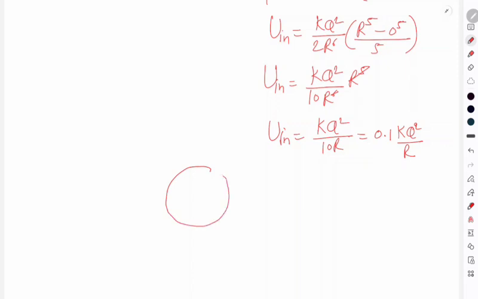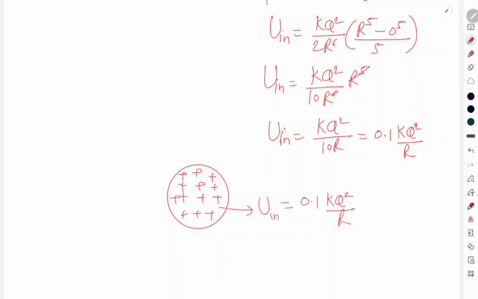So inside this sphere, the energy u in is 0.1 kq square upon r, and outside it there will be energy too. Why? Because there is electric field outside also. So where there is electric field, there will be electrical energy also.